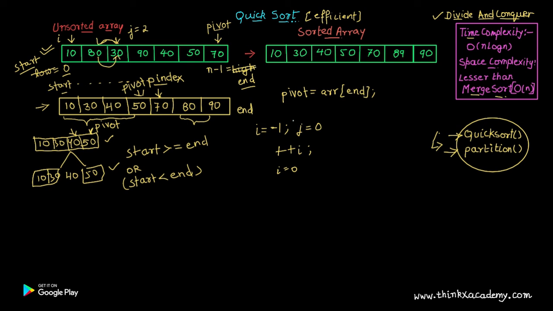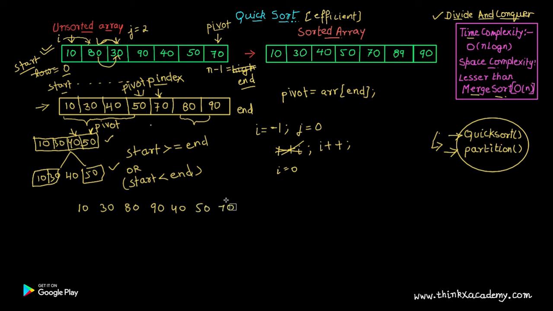That's the main reason we are not going to use ++i, we are going to use i++. So first we swap these two values, and then we increment the partitioning index. So 30 will come here and then 80 will come here. Now the array will be 10, then 30, then 80, then 90, 40, 50 and 70.